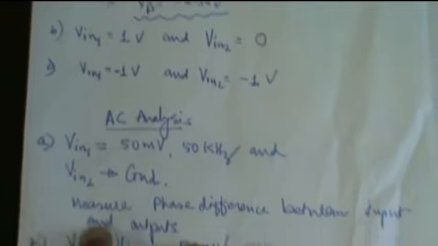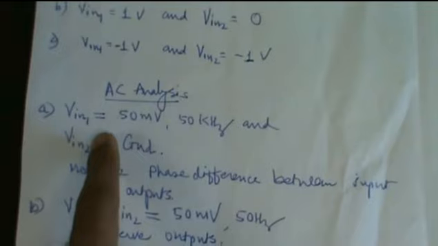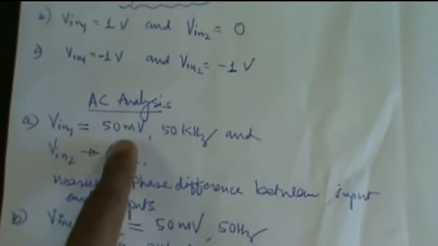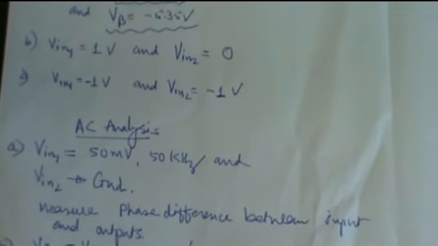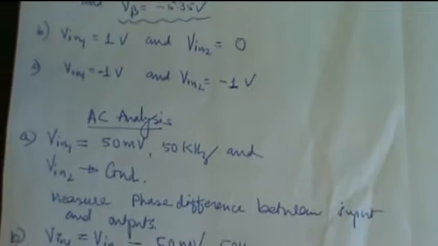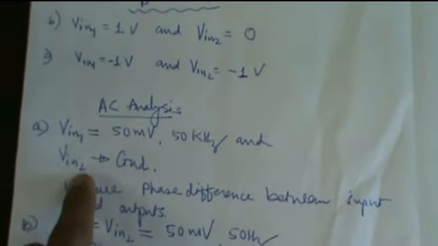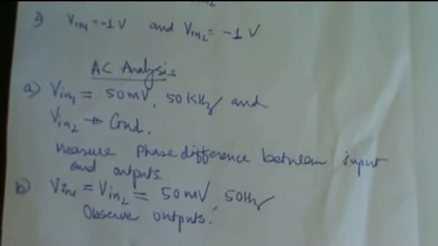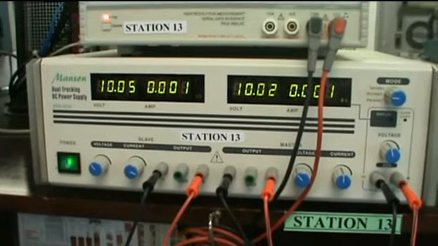In AC analysis, we will apply AC input voltage VIN equal to 50 millivolts, or if you are not able to get 50 millivolts peak to peak, then you can apply 100 millivolts using the signal generator and set any frequency, say 50 kilohertz, connect input number 2 to ground and measure the output waveforms on the oscilloscope with respect to the inputs.